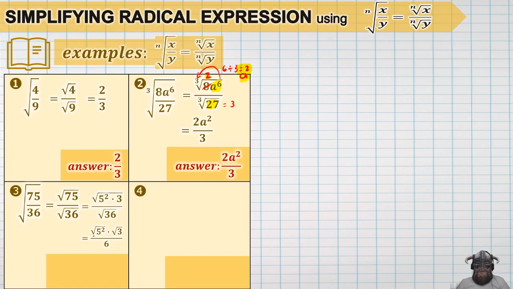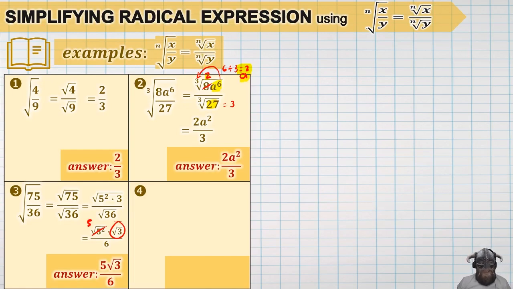For example, we have the square root of 5 squared. So, ang square root ng 5 squared will be 5. And then, ito, mariretain siya kasi hindi naman siya perfect square. At the same time, nasa simplest form na siya. So, our final answer will now be 5 square root of 3 over 6.